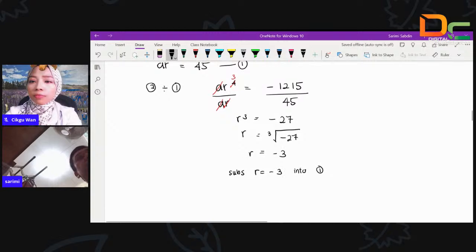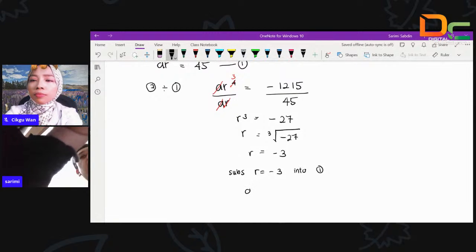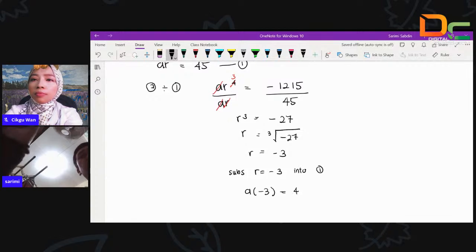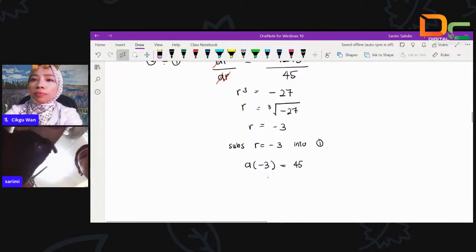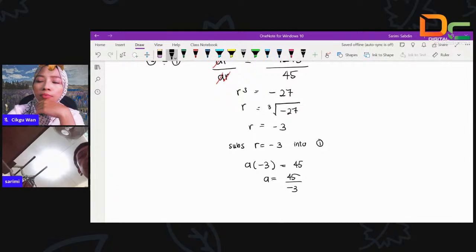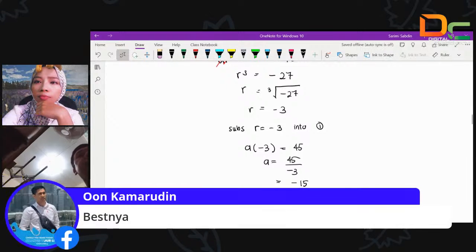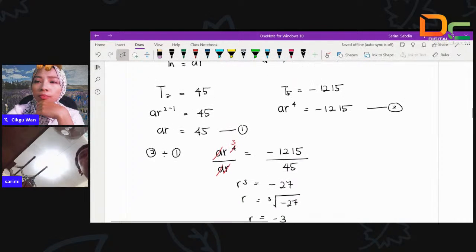So A times negative 3 equals 45, so A is 45 over negative 3. So A is equal to negative 15.